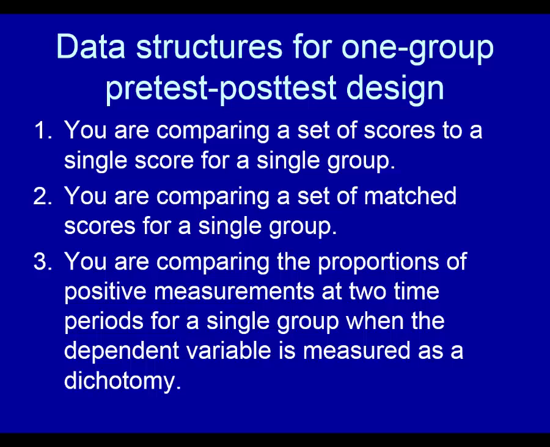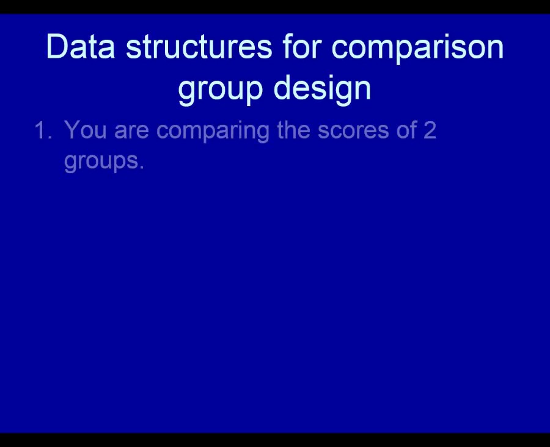Number three, you're comparing the proportions of positive measurements at two time periods for a single group when the dependent variable is measured as a dichotomy. Again, a dichotomy is either yes or no. Data structures for comparison group designs: you're comparing the scores of two groups.